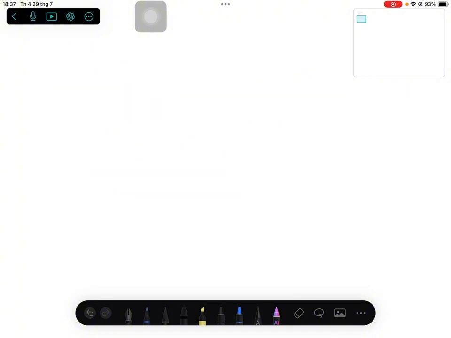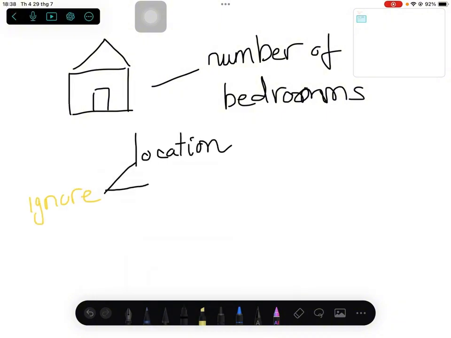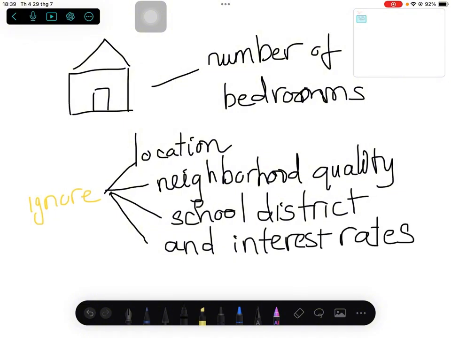Imagine trying to predict house prices using only the number of bedrooms. You're ignoring location, neighborhood quality, school district, and interest rates. The regression might still produce numbers, but the model is incomplete. This is called model misspecification.